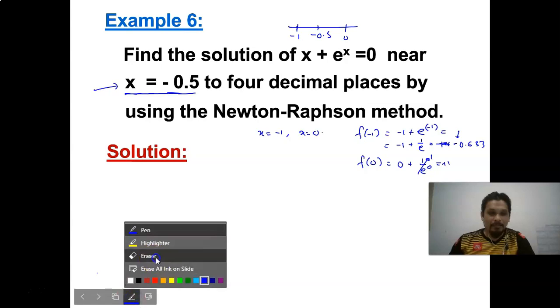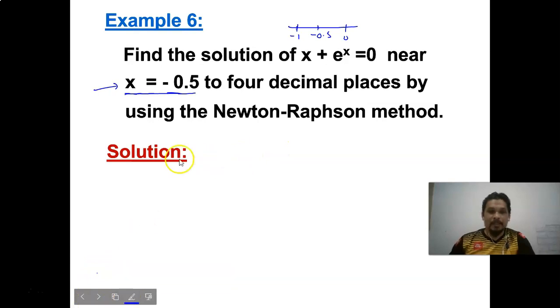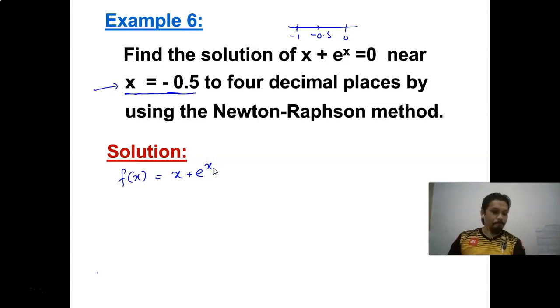Now, f of x equal to x plus e to the power of x, and then f prime of x equal to, differentiating, 1 plus the derivative of e to the power of x, which equals e to the power of x.